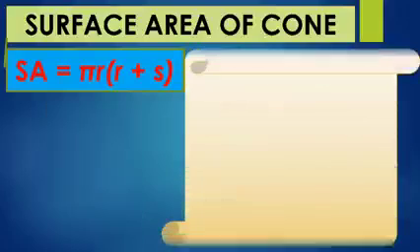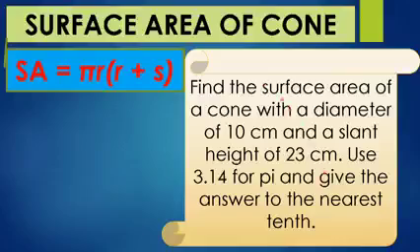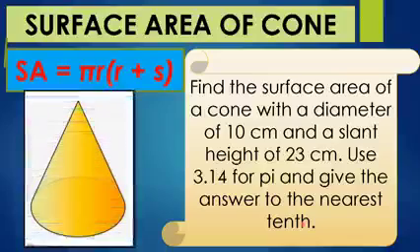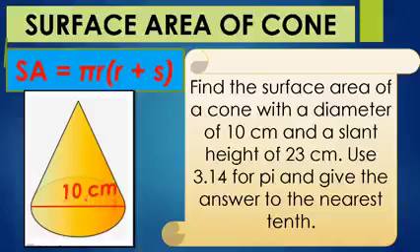Next item. Find the surface area of a cone with a diameter of 10 centimeters and a slant height of 23 centimeters. Again, we will use 3.14 for the value of pi and give the answer to the nearest tenth. By illustration, we have the diameter, which is 10 centimeters. Again, wala tayong radius dito, but meron tayong diameter.